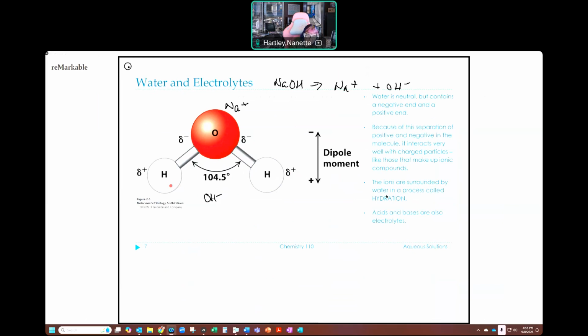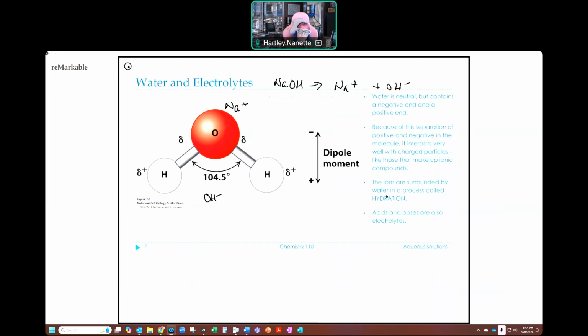So this ability of this positive end and this negative end to hang out by those charges gives it the ability to do that. And what that means is that even though there's a positive and a negative here, it's actually more favorable for those two things to come apart and interact with the water molecules, because there are so many more water molecules than it would be for them to stay together and just hang out with each other.